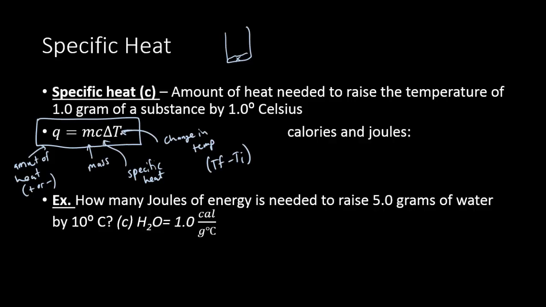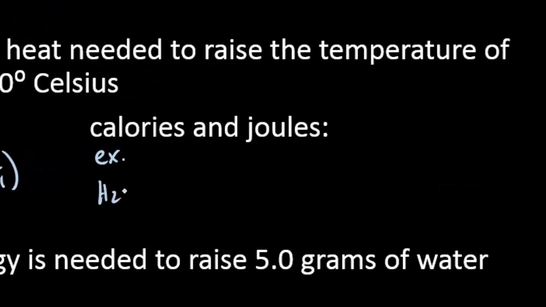Now, if you rearrange for C, you can, of course, get an equation just for calculating the specific heat of a substance. And so our units are going to be, we can either have specific heat in calories or specific heat in joules. So if I have an example, let's say of H2O, for water, the definition of a calorie is 1 calorie.